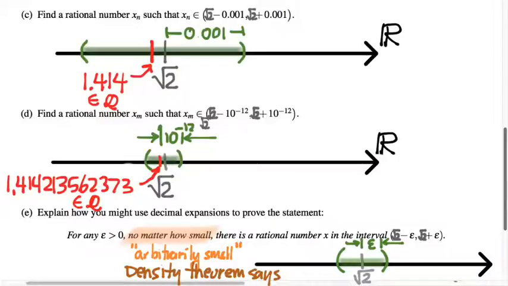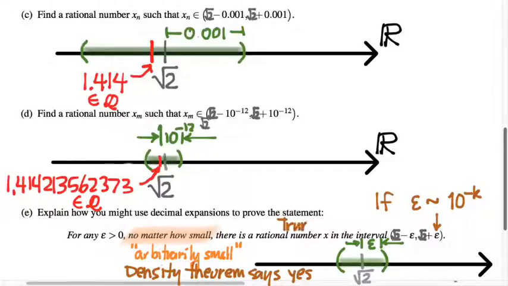Let me be a little bit more concrete in this example to finish up. How might our work in C and D be adapted to give us a way of thinking about this using decimals? So, well, all right, so if epsilon is a decimal of the order of magnitude 10 to the minus k, then we can truncate the square root of 2 at the decimal place.